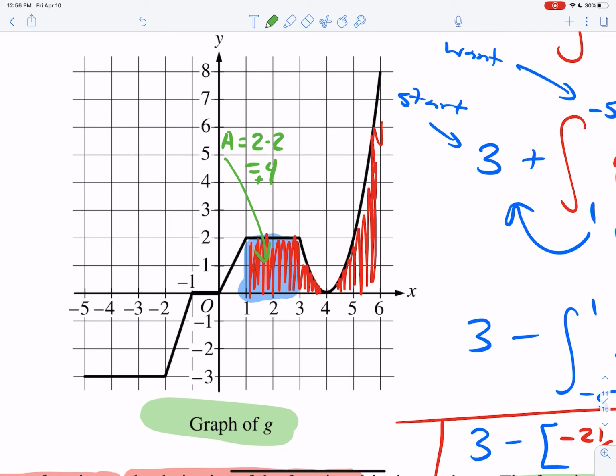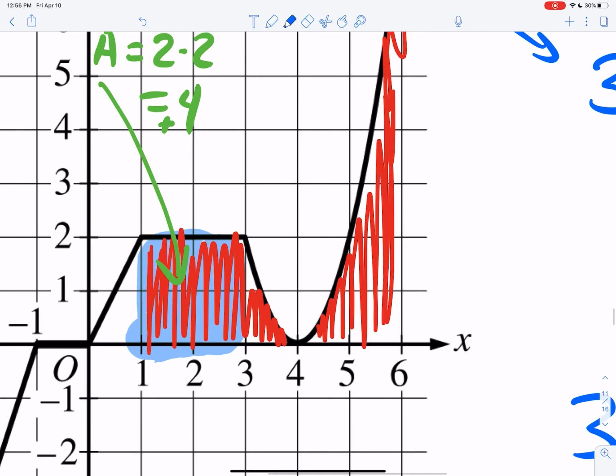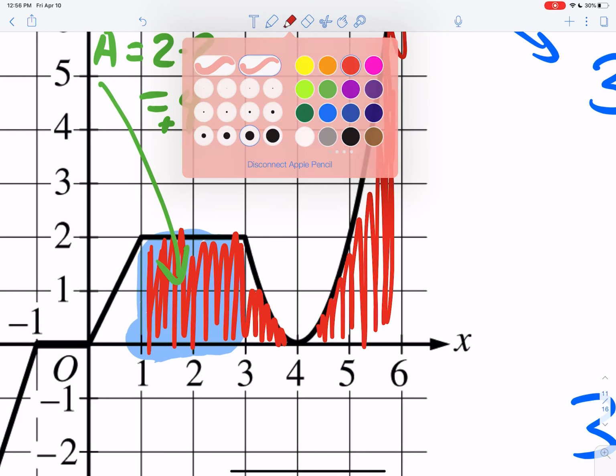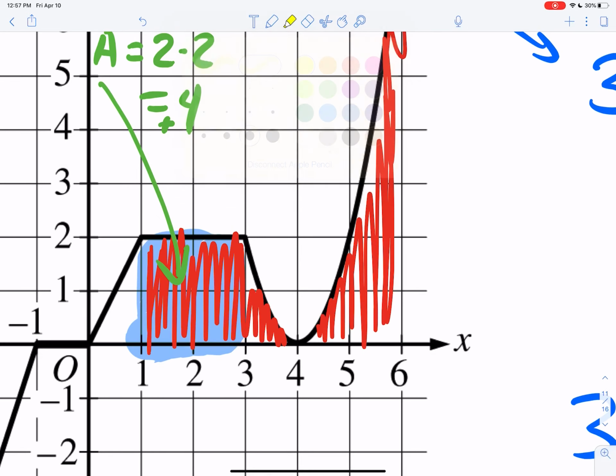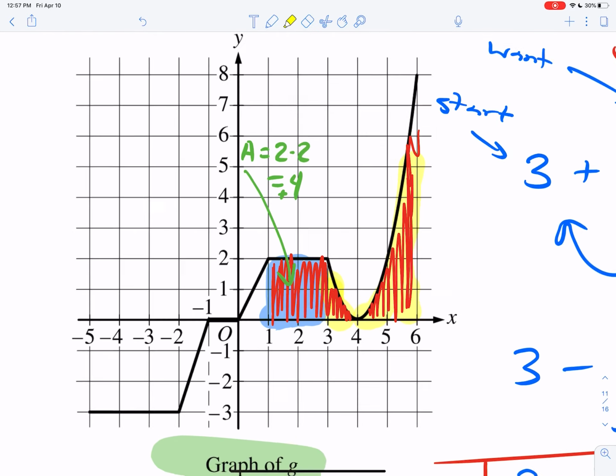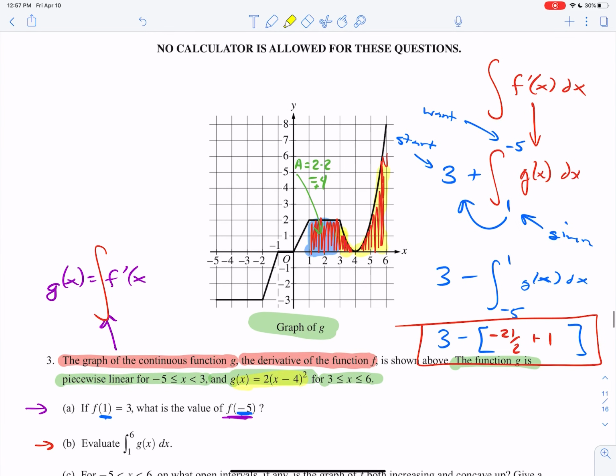But the moment I surpass 3, this shaded region is not a geometric shape that I'm used to, which is why they gave you guys another function right about here. So they're making you do a little bit of work here, okay? So we know the first area in blue is going to be 4 plus.